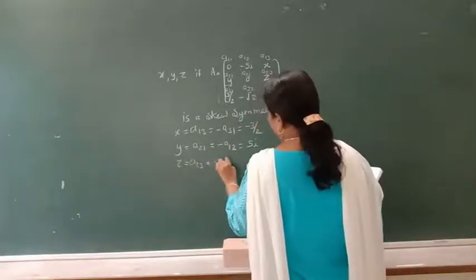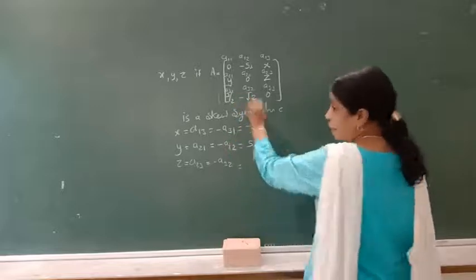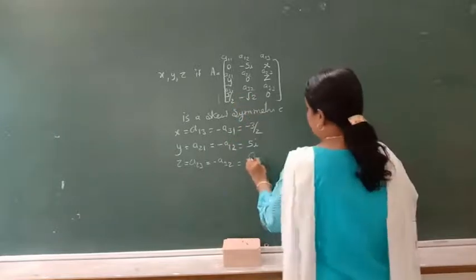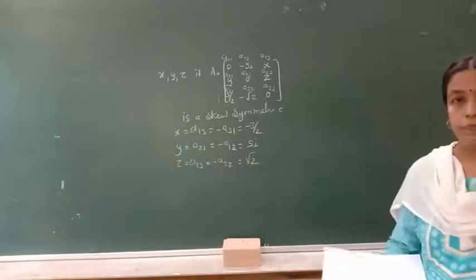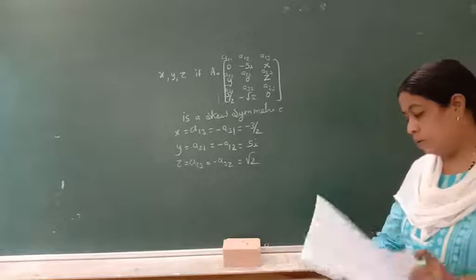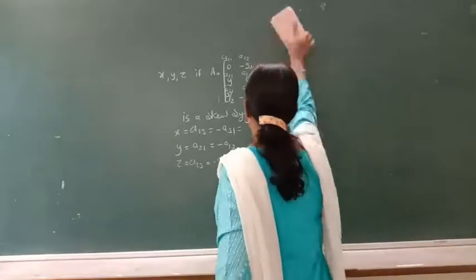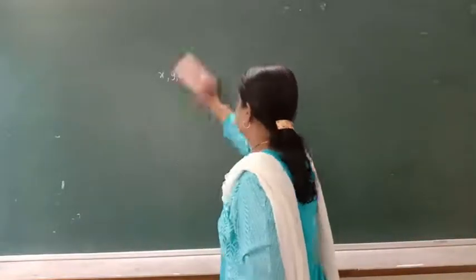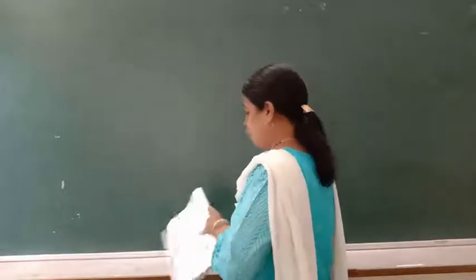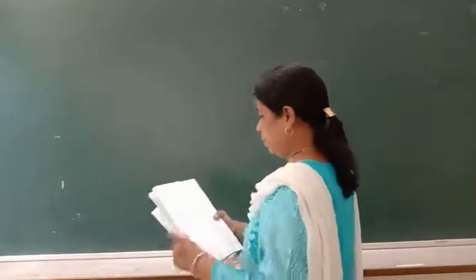It is minus A32. At A32 there is minus root 2, so z is root 2. Got it? Now next. So you can do it very easily.